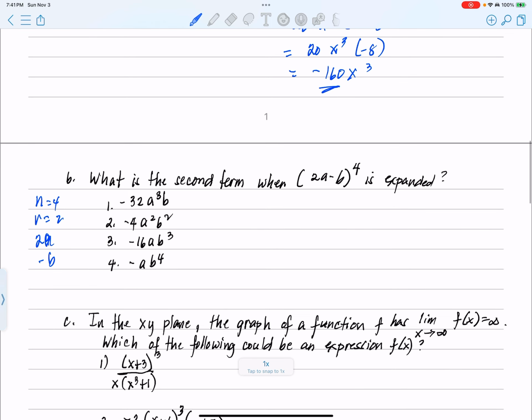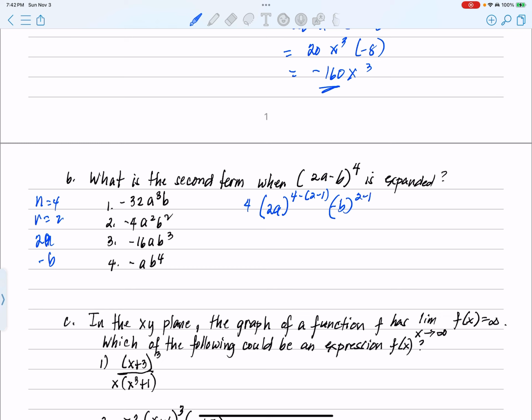Okay, so I'm gonna write, and then that would be our first term 2a to the 4 minus 2 minus 1, and then the second term is negative b to the 2 minus 1.